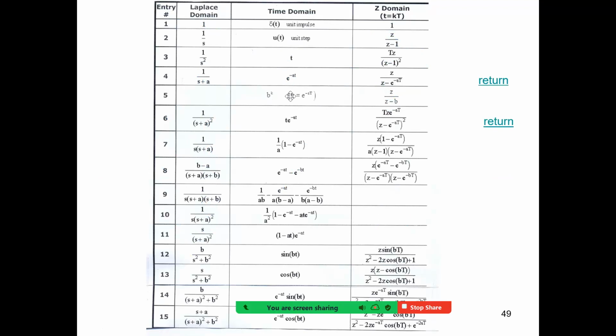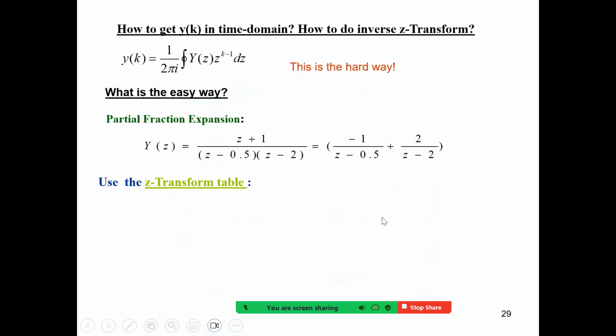If it's p to the power of k, exponential, that is just Z over Z minus p. But we notice that for all the expressions in the Z transform table, there is a Z in the numerator, right? But let's go back to the partial fraction here. There is no Z in the numerator.